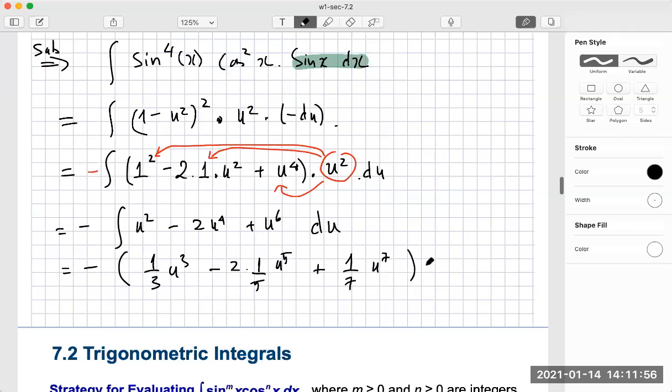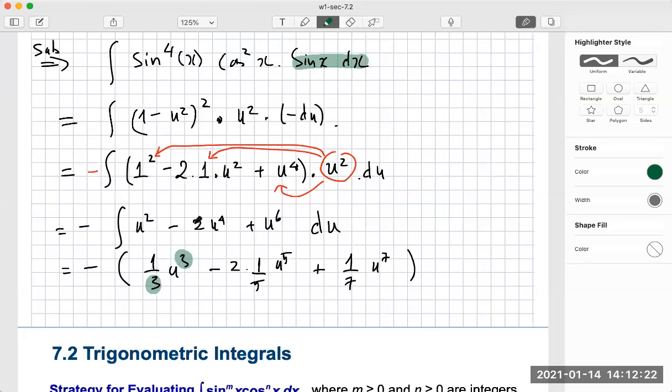Right. So antiderivative is the reverse way of derivative. So in order to find the antiderivative of u squared, we raise the power from 2 to 3 and then multiply with a fraction where the denominator is the same power as this.